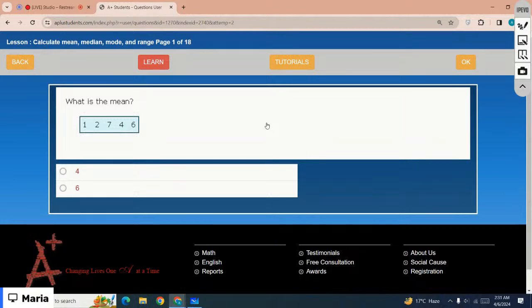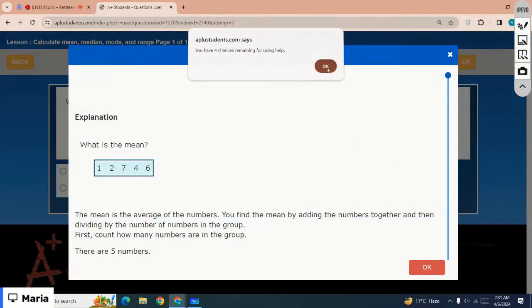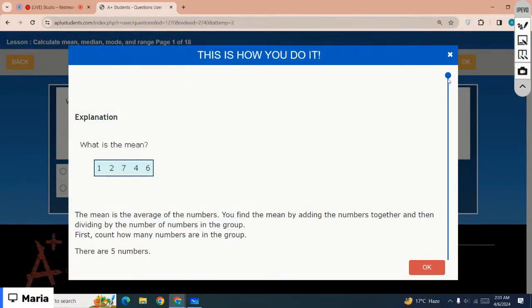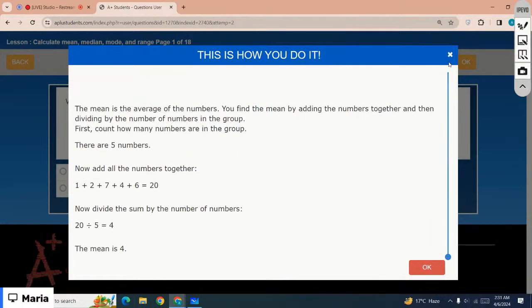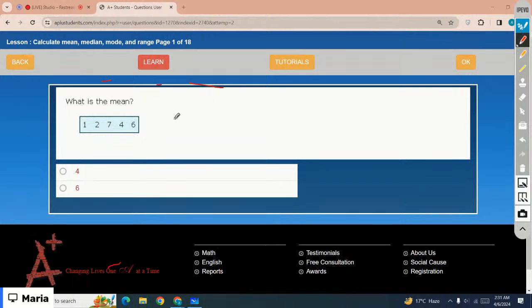So you have to calculate the mean of the given data. How do we calculate the mean? Basically, hold on. Okay, when we have to calculate the mean, we simply have to add all the given numbers. Let's just add 1 plus 2 plus 7 plus 4 plus 6.